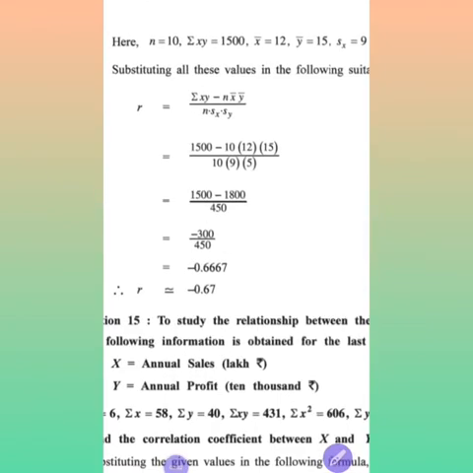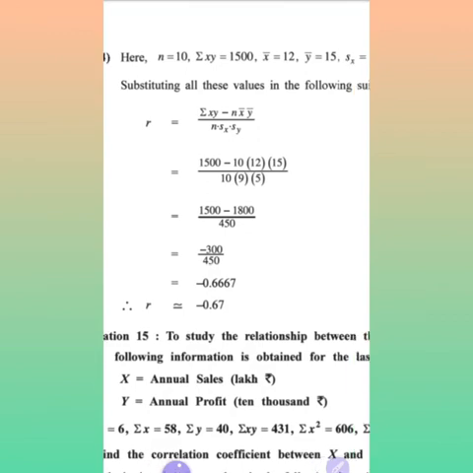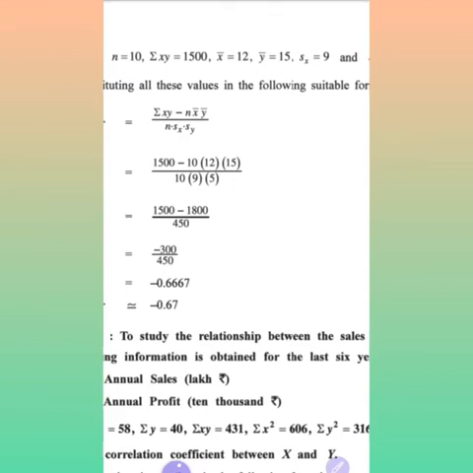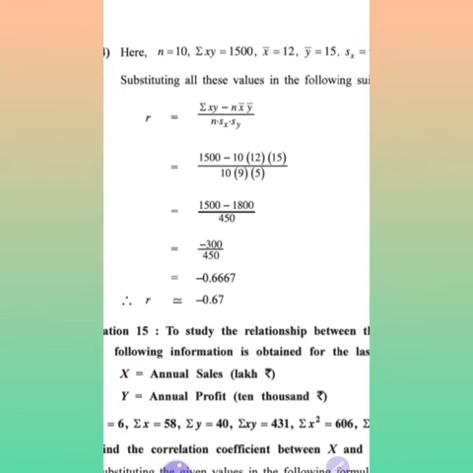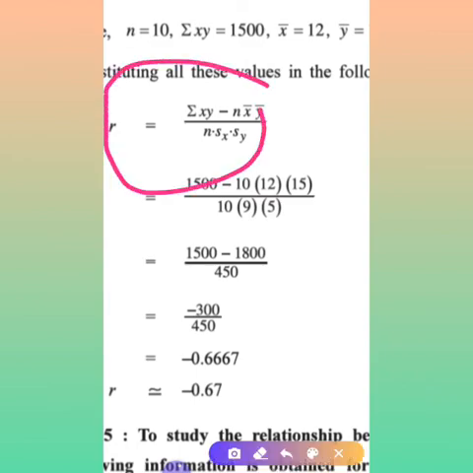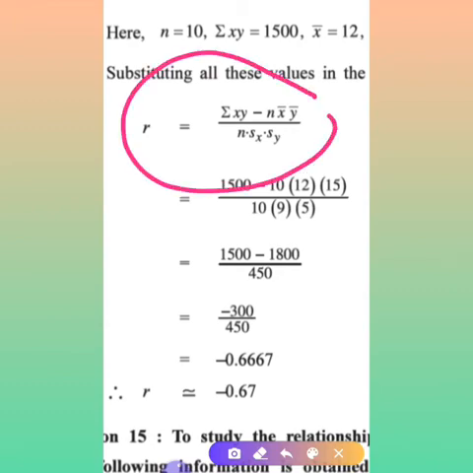We'll see the fourth short sum. n had been given to you, sigma xy is there, x bar is there, y bar is there, sx is given, and sy is given. So with the help of this, what formula can we frame over here? The formula that could be framed for r is sigma xy minus n x bar y bar upon n into sx into sy, depending upon what is given to us.